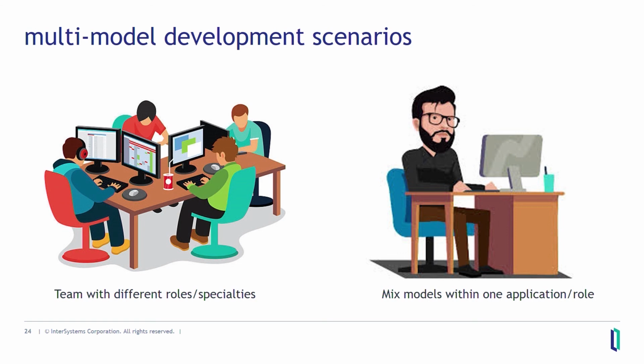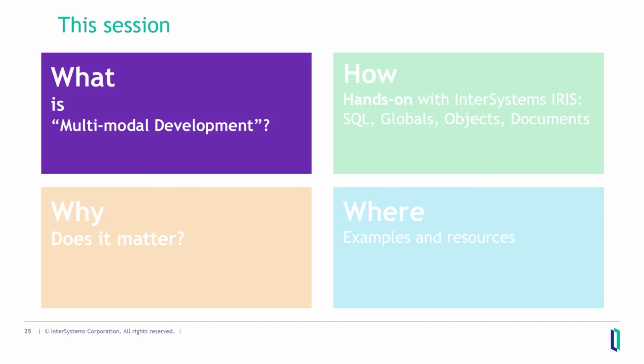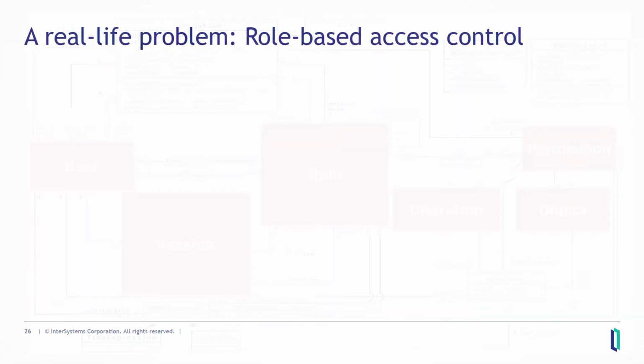What we decided to do is focus on the second case, where you're a developer and why would you mix models? And now I will pass it on to someone that lives this in terms of a hands-on scenario.